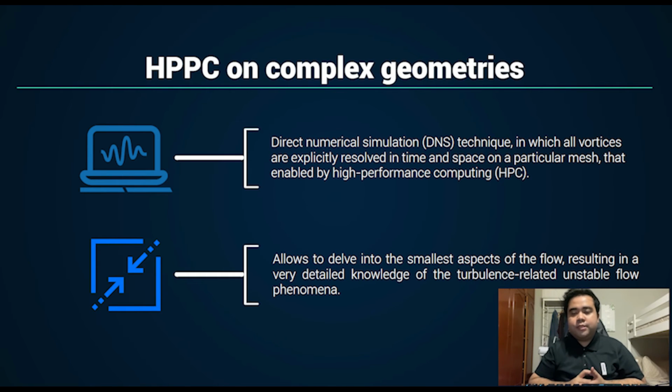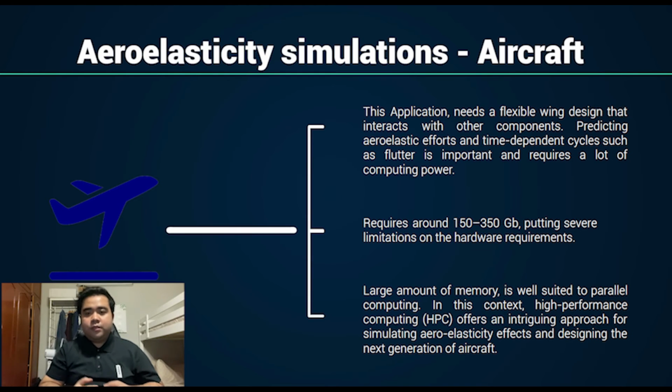and post-processing. So the first application is aeroelastic simulation used in aircraft. This application needs a flexible wing design that interacts with other components. Predicting the aeroelastic effect and time-dependent cycles such as flutter is important and requires a lot of computing power.